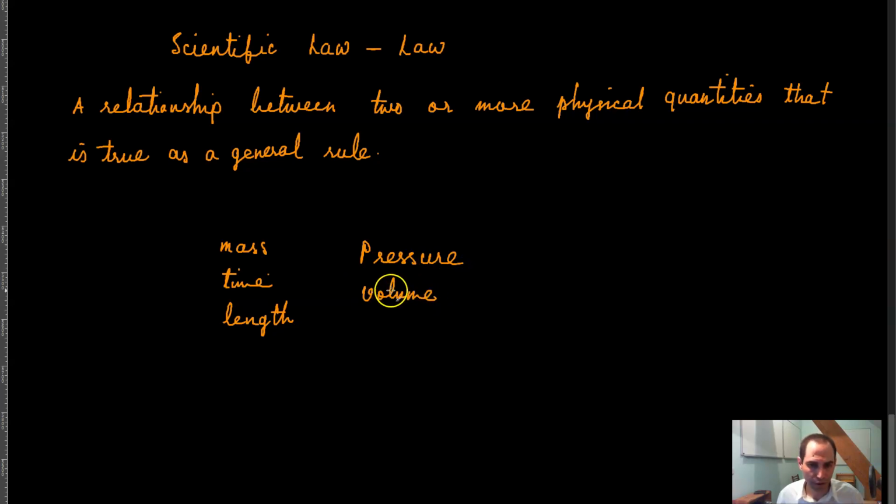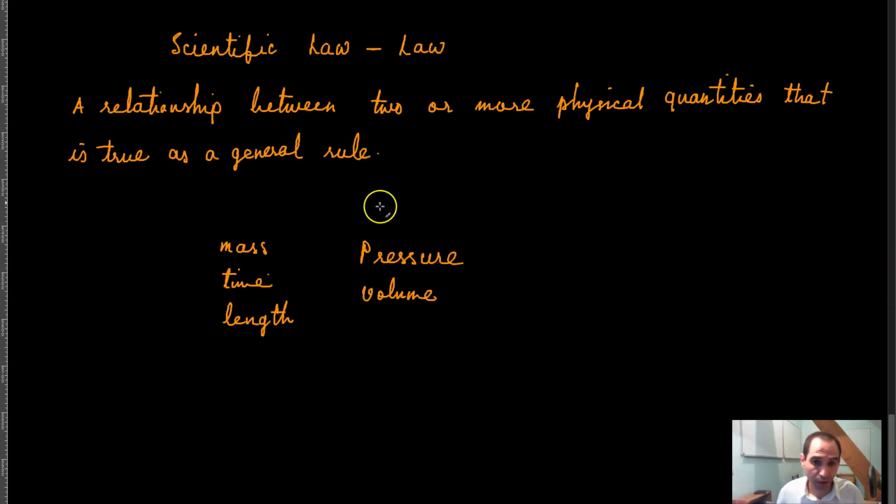Volume is length times length times length. That's based on length. Or you have, for example, speed. Speed is a derived physical quantity which is based on length and time. It's the ratio of length and time, and so on and so forth.